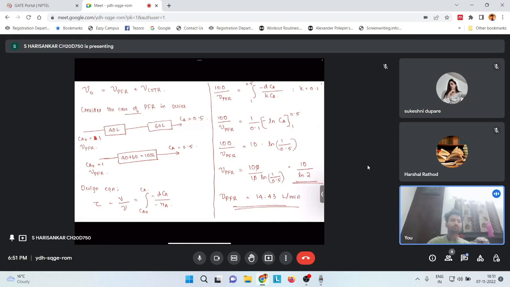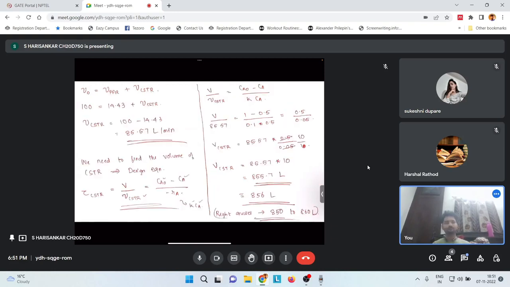We found out the flow rate that went into the system of PFRs. Then using this flow rate balance, we found the flow rate that went into the CSTR, and then we directly used the design equation of the CSTR and finally found out the volume of the CSTR. And the volume to the nearest integer came to be 856 liters.